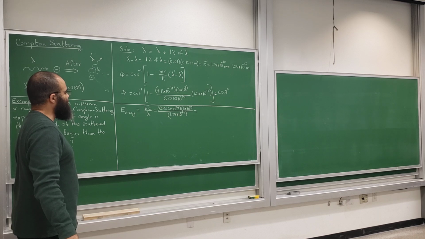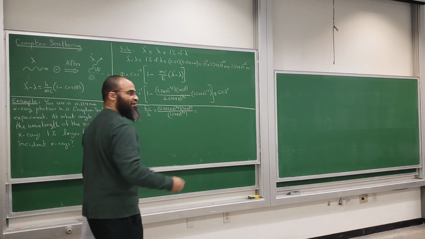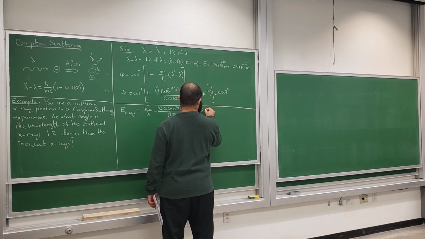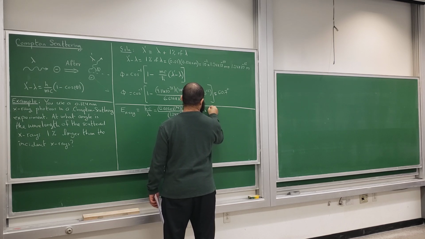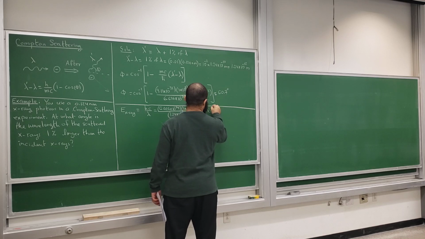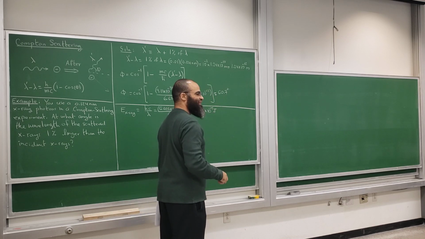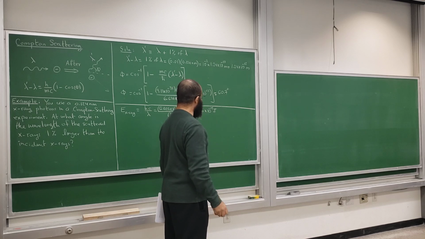Actually, no, it should be 15 because 6 times 3 would be over 10. How much? 1.603. I'll just use approximate. Thank you, though. Times 10 to the minus 15 joules. The reason I like 1.6 is because I want to convert this to electron volts.